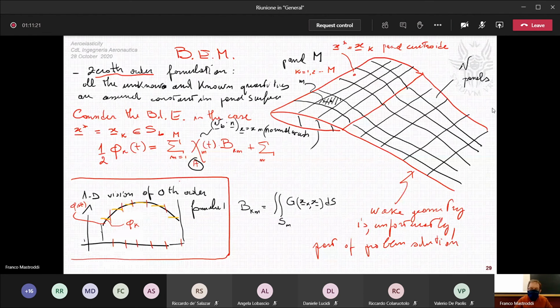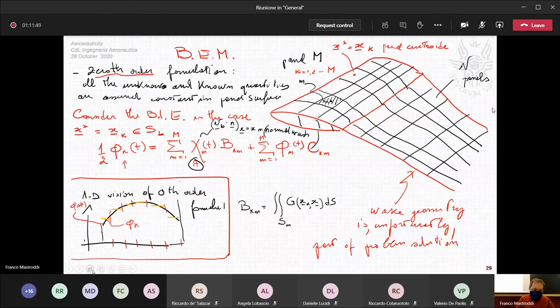for again m from 1 to capital M. We have the unknown. Look, the unknown is here, but the unknown is also here. This is because of the nature of the boundary equation. Okay? So you have again the unknown here, sum on m, a function of t, multiplied by another coefficient c, k, m.